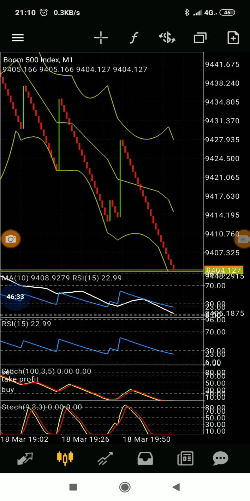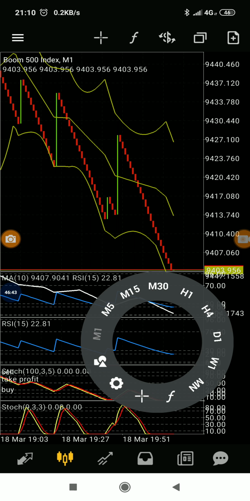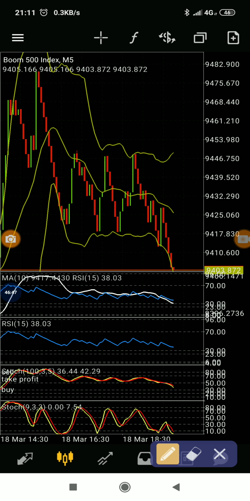Let me say it again. The moment in 1 minute time the RSI has gotten to level 23 or 24, then you switch to 5 minutes. The moment in 5 minutes it has gotten to 20, let me say 20 or 22, you can buy boom, it will spike, it must.